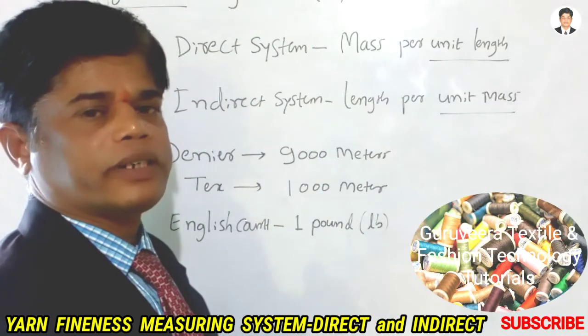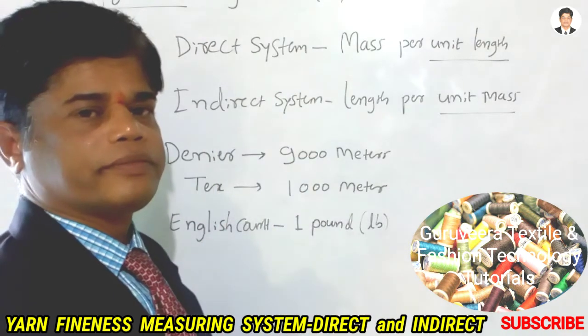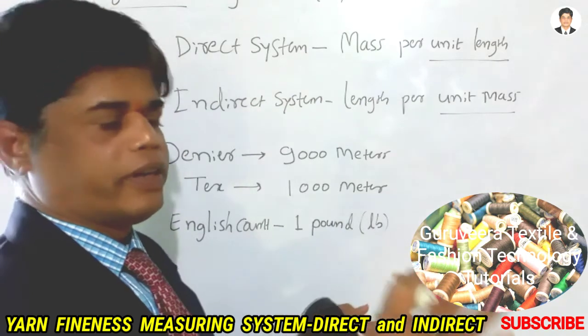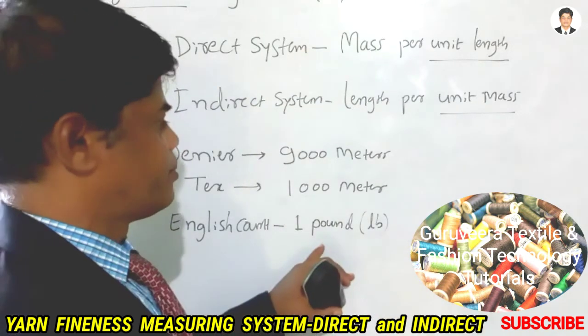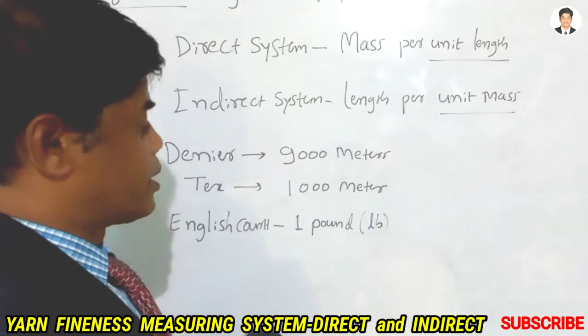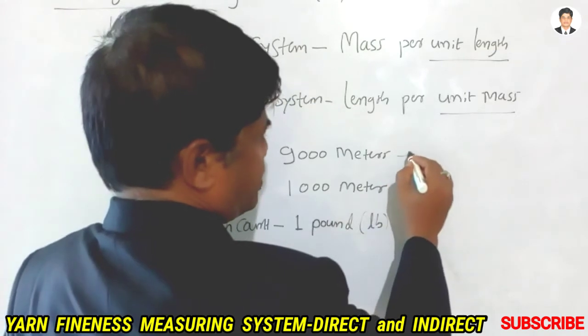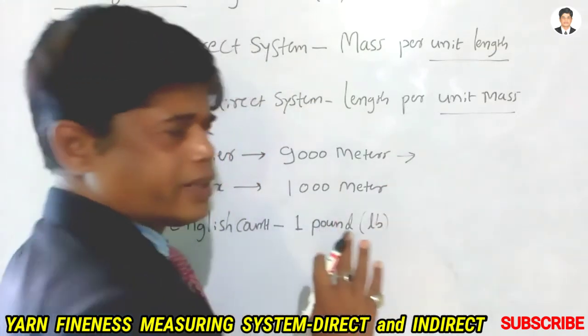Whatever the length, whatever the yarn, the final weight should be 1 pound. 1 pound of yarn you take. That is the index. Now I hope I am explaining in detail. Here this is the system.